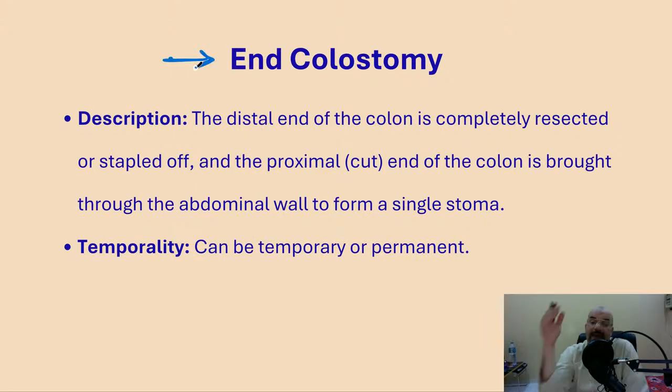In the end colostomy, the distal end of the colon is completely resected or stapled off. We will describe or differentiate between these types by the Hartmann procedure. The proximal cut end of the colon is brought through the abdominal wall to form a single stoma. So in the end colostomy, this is the last part of the colon.